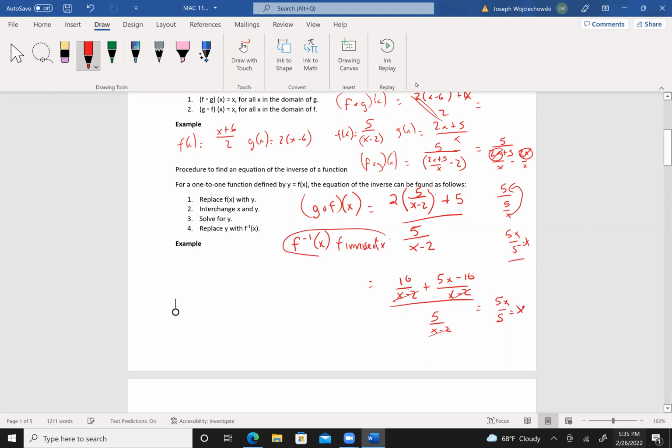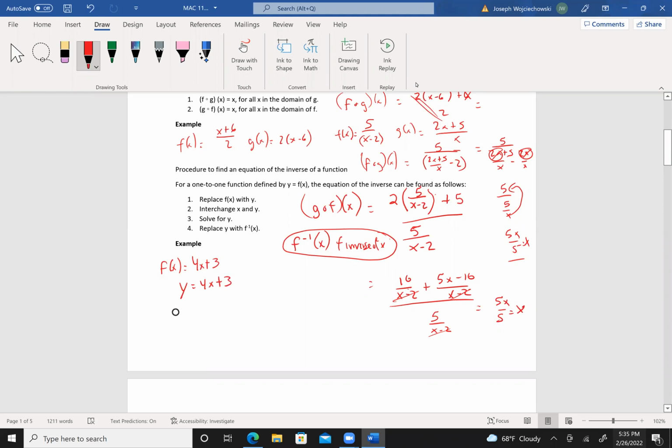So let's look at f of x equals 4x plus 3. Well, this is a line, so we know it's going to be one-to-one. Okay, so first step, replace f of x with y.